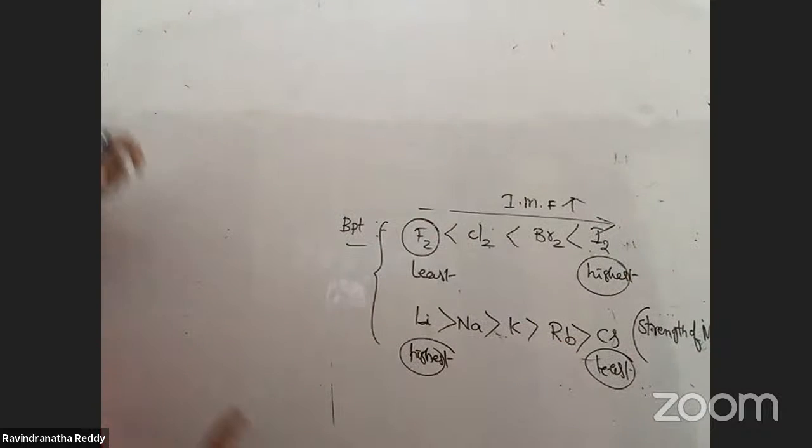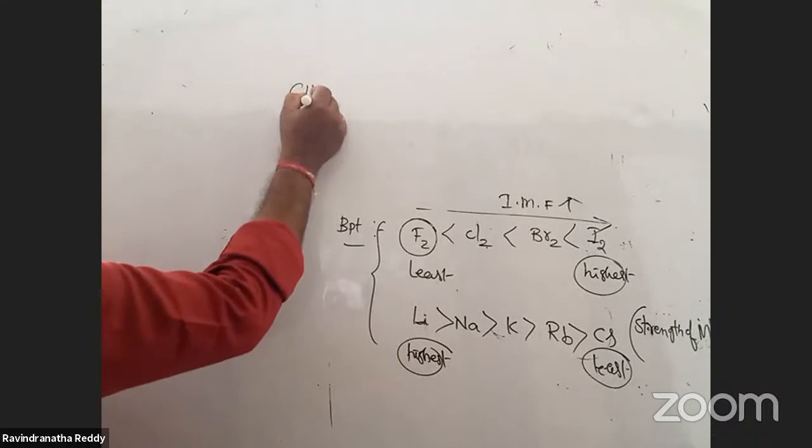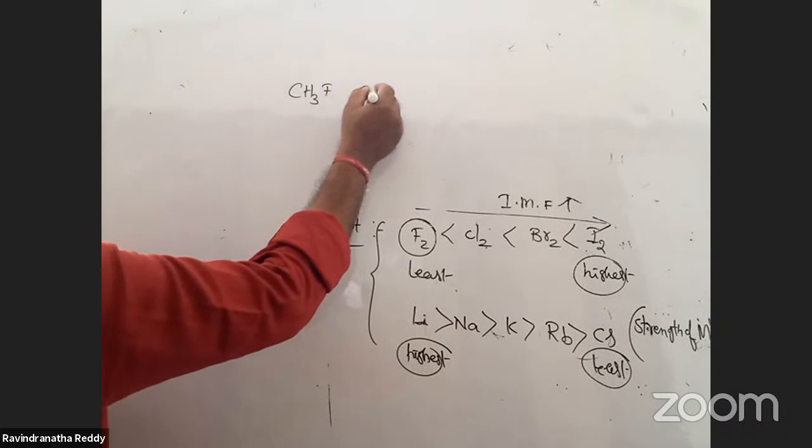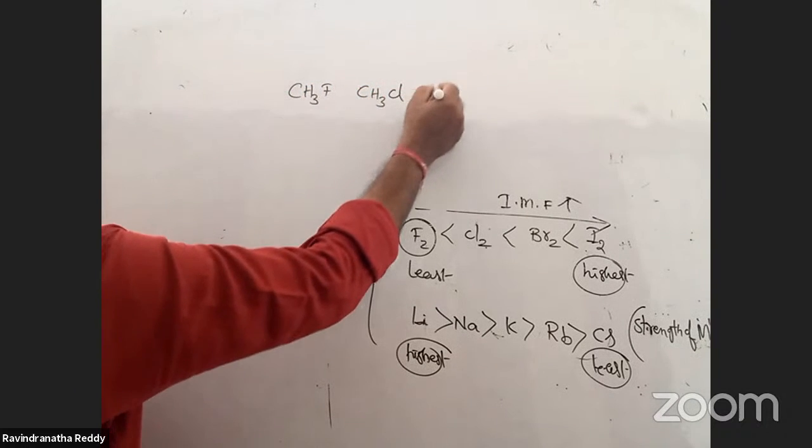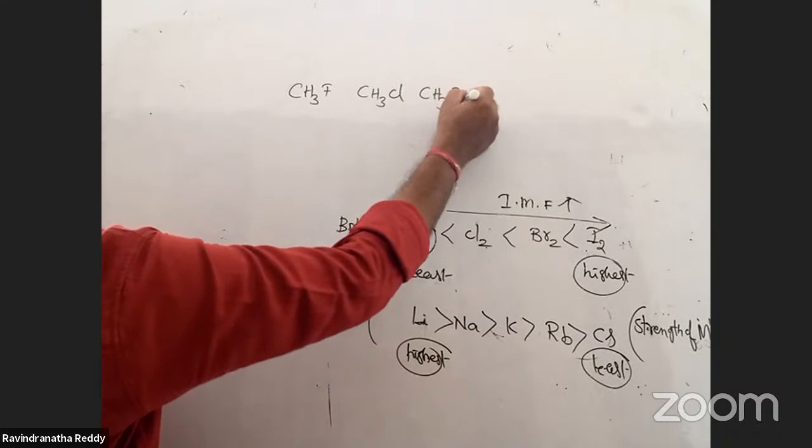So here is boiling point comparison. They are asking about different compounds. What are the compounds? CH3F, CH3Cl, CH3Br, CH3I.